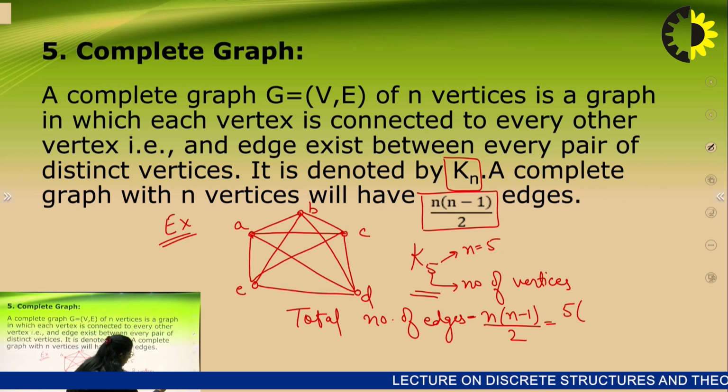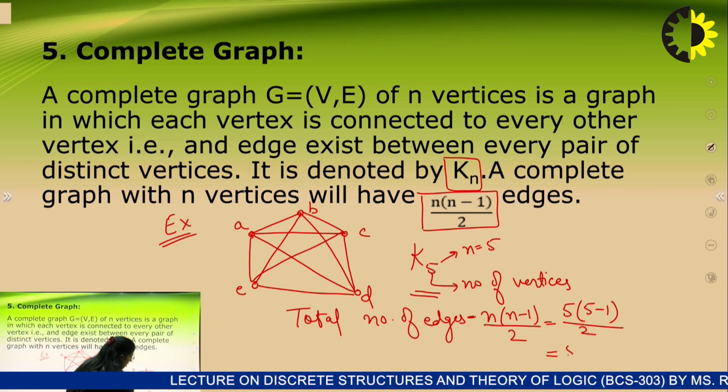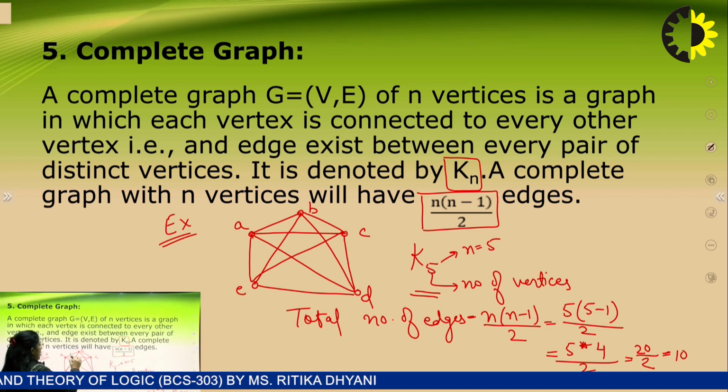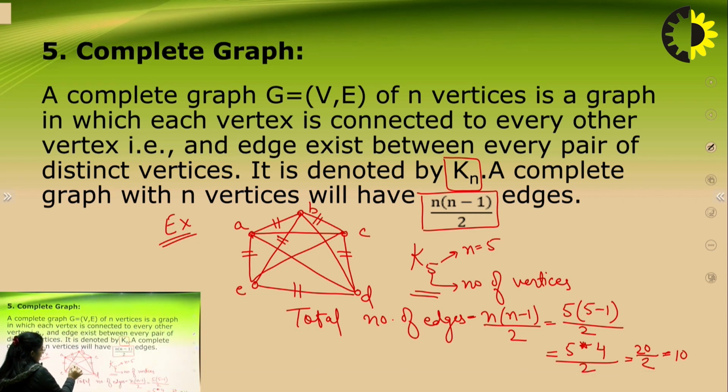So 5 times (5 minus 1) divided by 2, which is 5 multiplied by 4 divided by 2, that is 20 divided by 2, which is 10. We can see here 1, 2, 3, 4, 5, 6, 7, 8, 9 and 10. So 10 edges are there. We calculated these edges using the given formula.